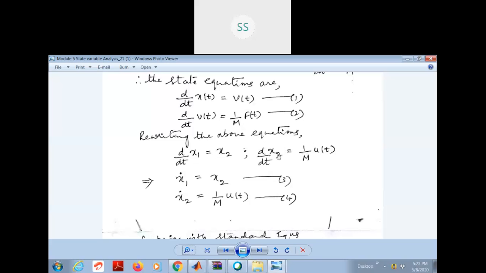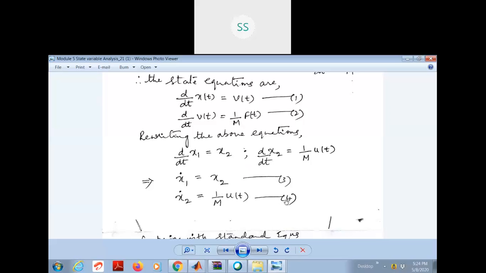Therefore we will write in dot notation. d by dt of x1 is nothing but x1 dot, which equals x2. We will call this equation 3, the modified or refined equation. Similarly, d by dt of x2 can be written as x2 dot, which equals 1 by m into u of t.